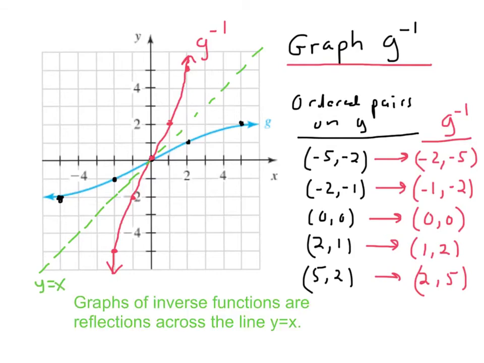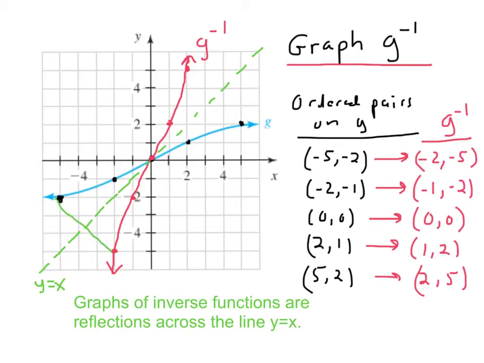In fact, if we look at this a little bit more closely, we can see that this original point right here, -5, -2, when we interchange the coordinates, got moved to that point, -2, -5. So that got reflected right across that line. So, if you kind of went straight across there at a 90-degree angle.